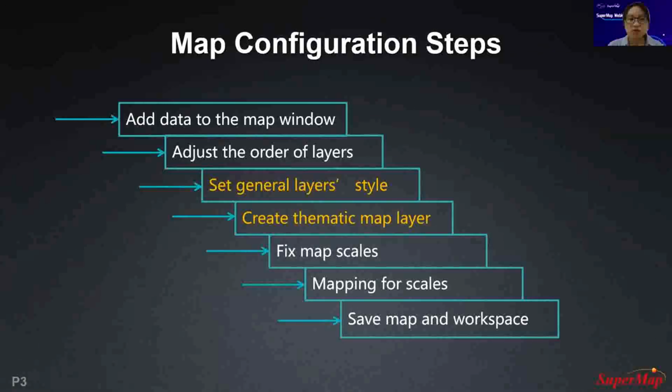And after we set the layers, set the styles for each layer, we can also optimize our 2D map by fixing the map scales or mapping scales. At last, we need to save the map in the workspace.